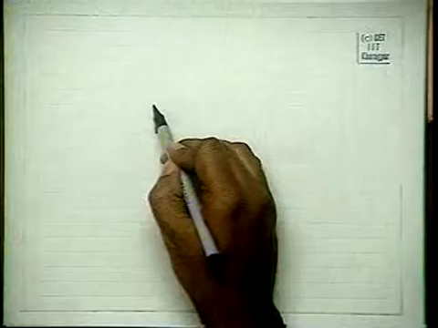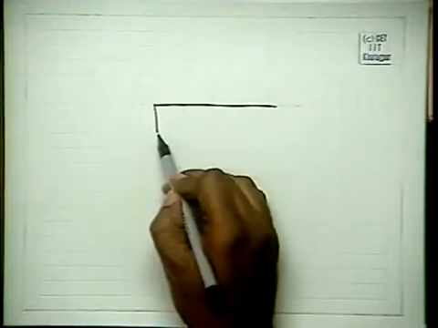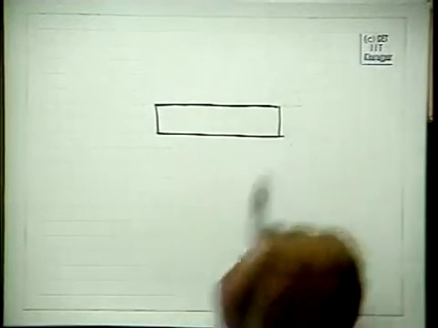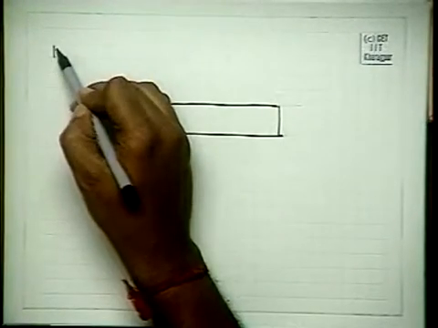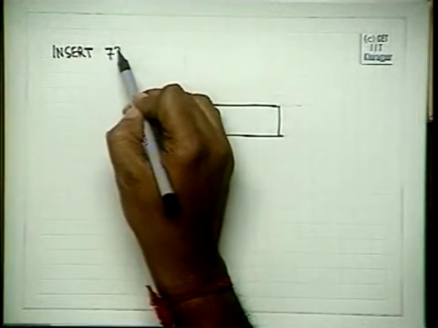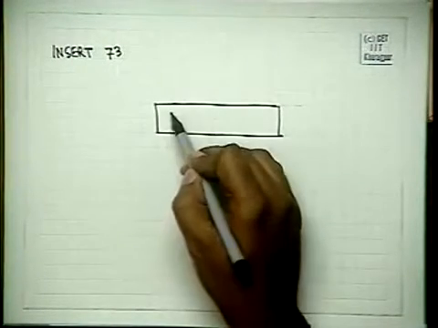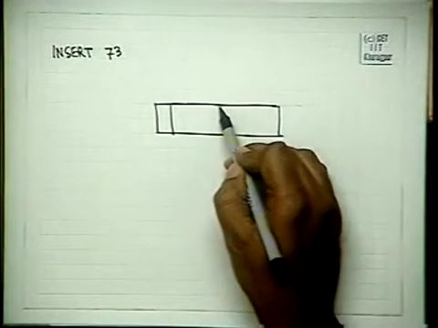So let us see how we do insertion and deletion in a B plus tree. Let us say we have initially nothing and we insert 73. Once we insert 73, we will create a block.